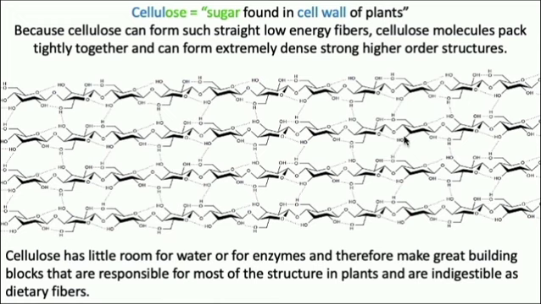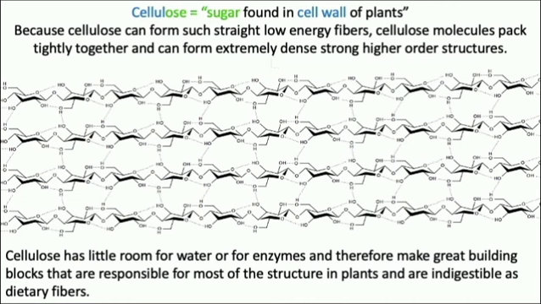And therefore cellulose packs extremely tightly and extremely densely, and it's one of the most important structural components in nature. In fact, glucose is the most prevalent organic molecule on the planet in a polymer as cellulose, which means specifically that the cellulose form of glucose is the most prevalent molecule on the planet.